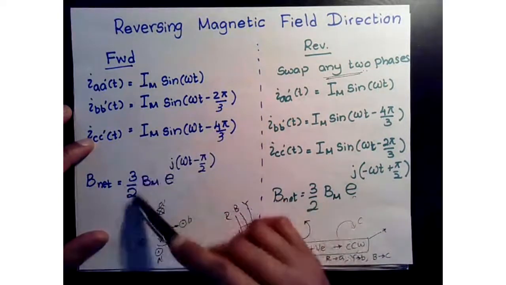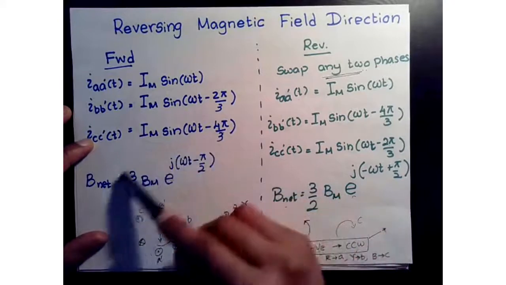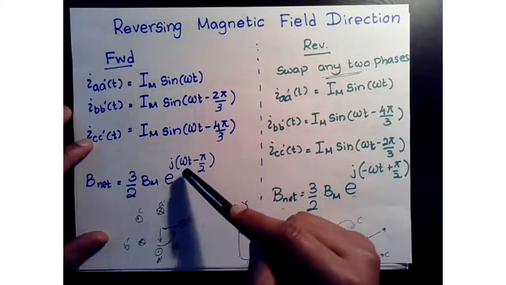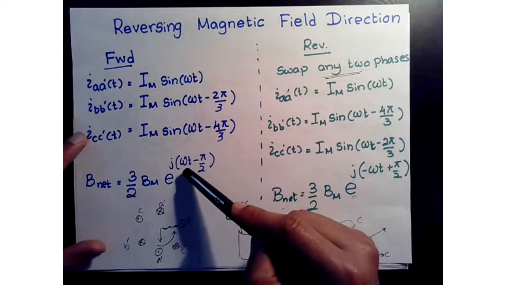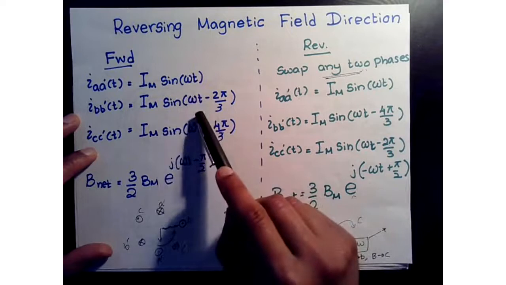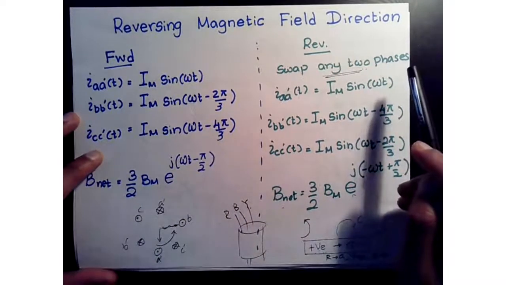What this tells us is that the total flux density vector has a certain amplitude and it rotates at the electrical frequency, the frequency that we apply the currents in. So it is rotating at that same frequency.